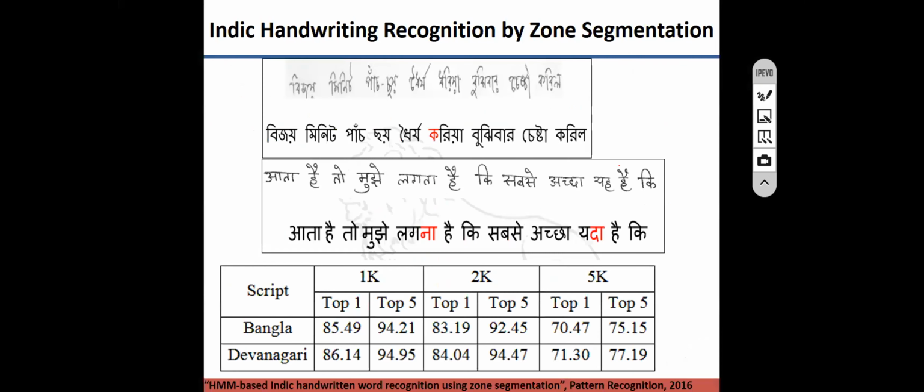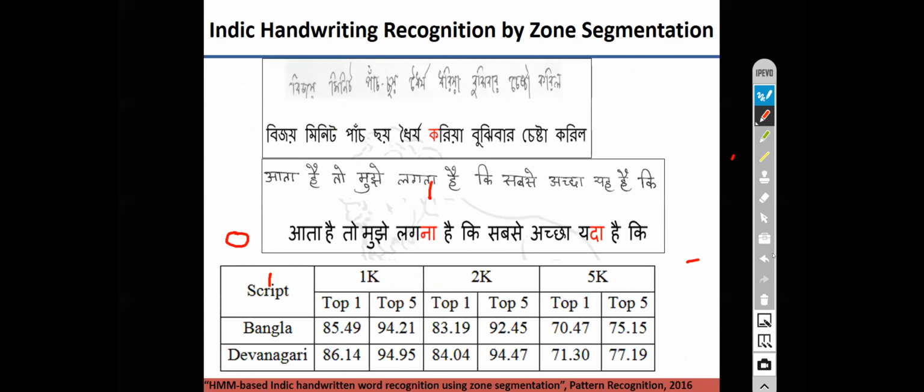Using this approach, we see that it becomes a very good system. We can develop a system with 1000 words in a dictionary, and the accuracy can go to 86%. If the lexicon size is 5000, the accuracy will go to 71%. But still, from 40% to 71%, it's a huge jump.